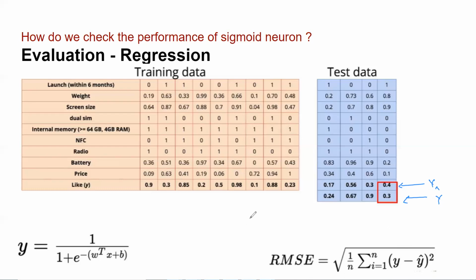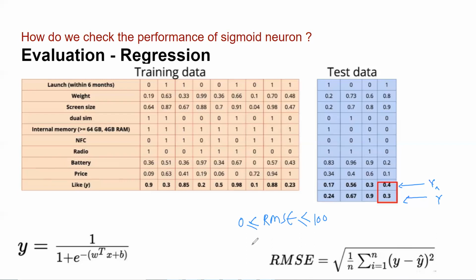Now typically RMSE lies between 0 and 100, I'm talking about the percentage part. The lesser the RMSE, the better the model.